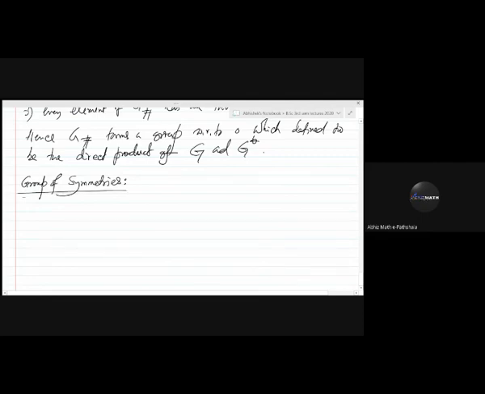Okay, so suppose we consider 2 points in R2, in a plane. Suppose one is x, that is x1, x2, and another one is y, that is y1, y2, in the plane R2, right?